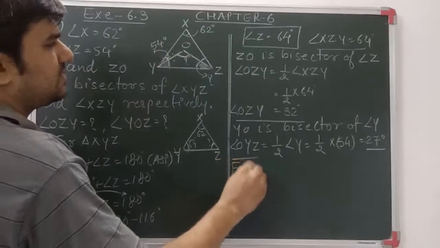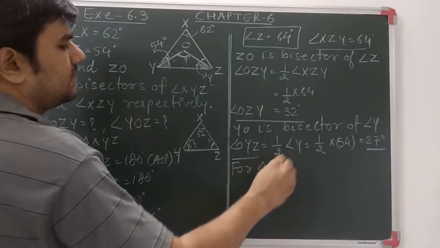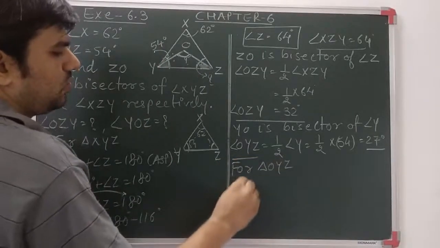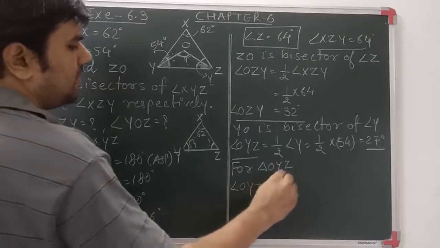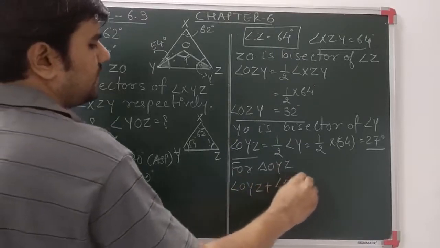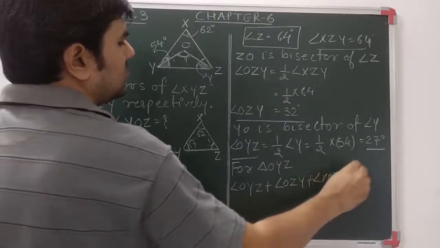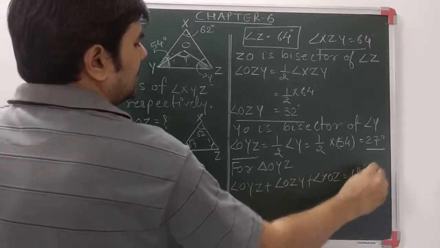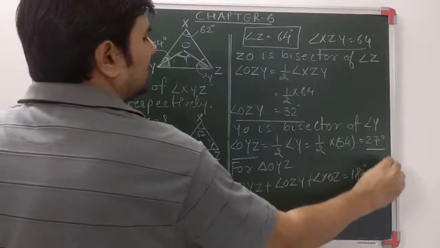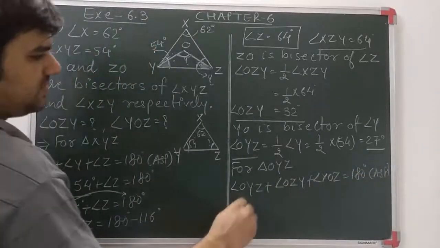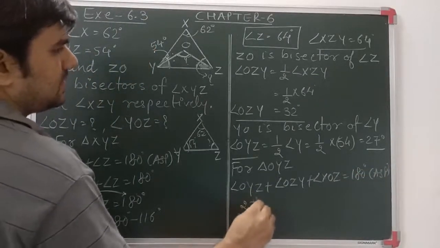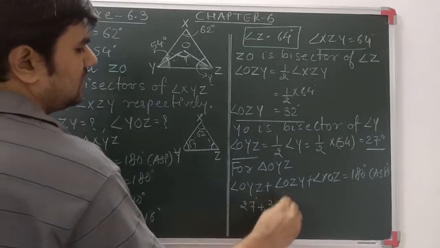Now this angle we have to find out. So we'll use the angle sum property for triangle OYZ. So angle OYZ plus angle OZY plus angle YOZ is equal to 180 degrees. I have used the angle sum property of this triangle. This angle we have is 27 degrees. This is 32.